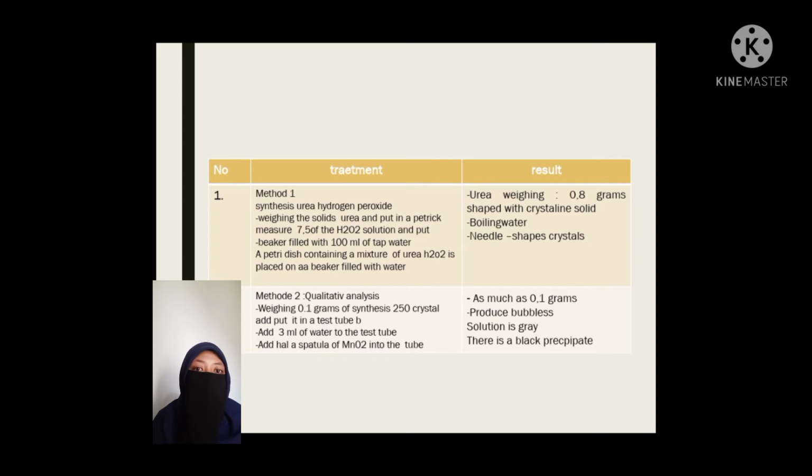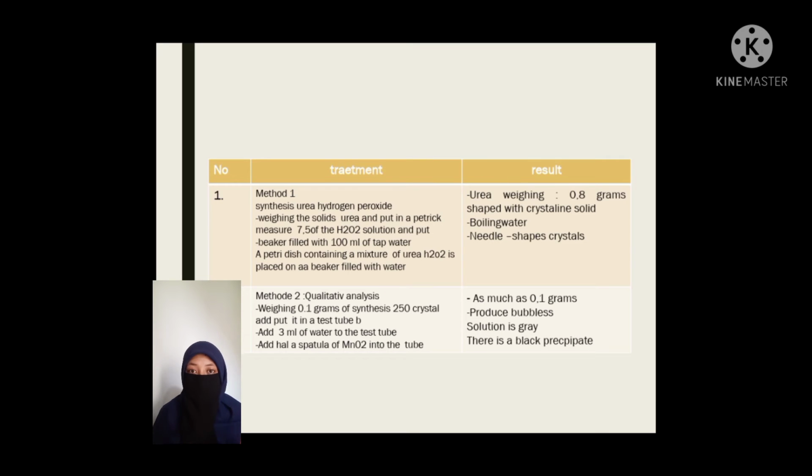A petri dish containing a mixture of pure H2O2 is placed on the beaker filled with water. Result: urea weighing 0.8 grams separates into solid crystal. Next, boiling water, then needle-shaped crystals.